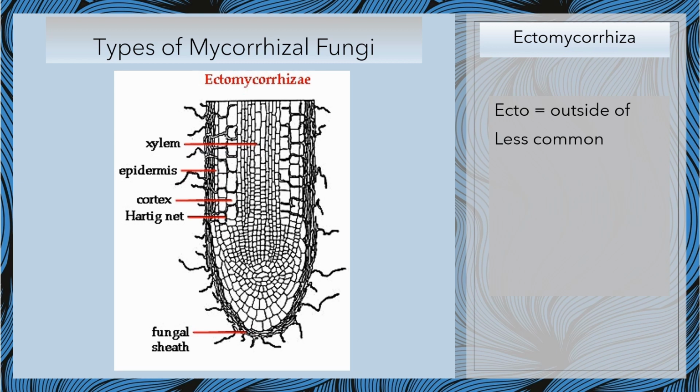The word ecto means outside of, and this refers to the hyphae outside of the plant root system. And so the hyphae will attach between the host cells and cover the plant's root tip, and all of that branching will form what's called the Hartig net, which you can see up there. And this is where nutrient and water exchange occurs between the fungi and the plant.